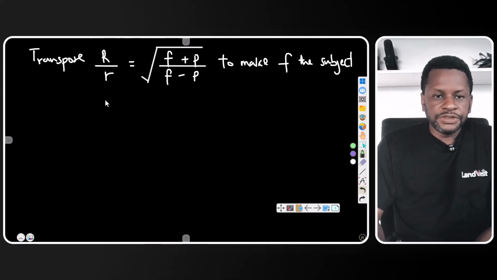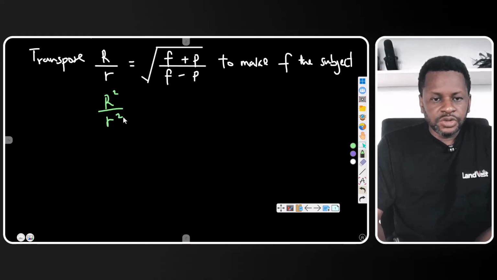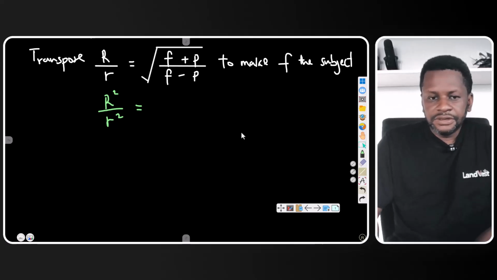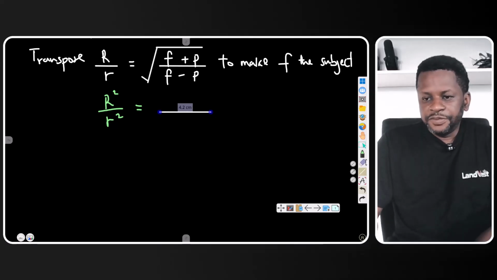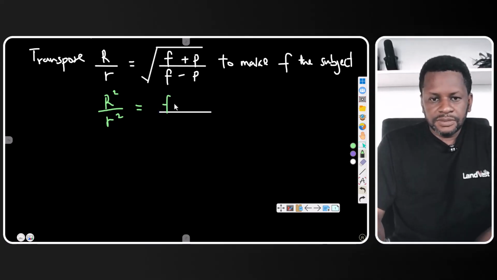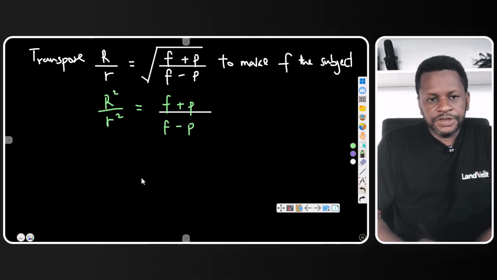When I square both sides, that's going to be r squared divided by r squared, and this is going to be the same thing as f plus p over f minus p.